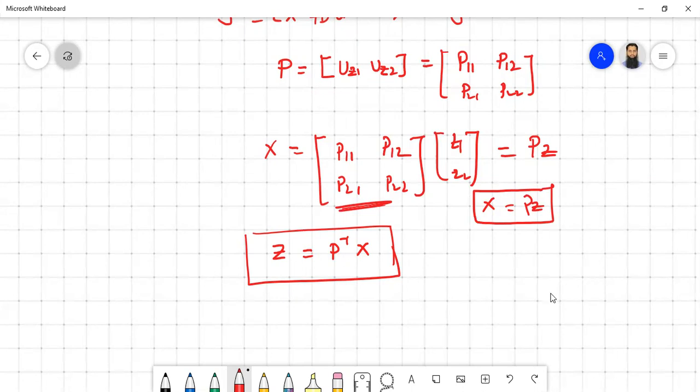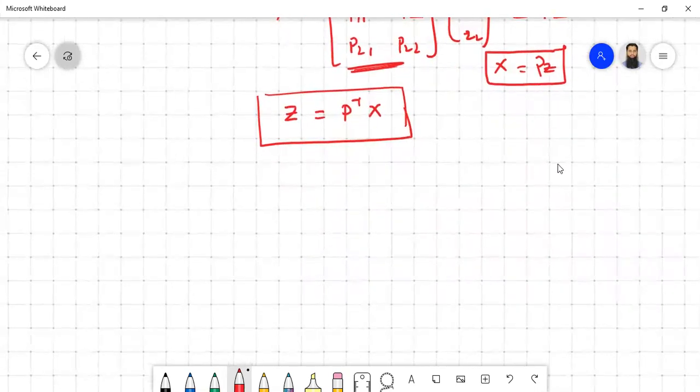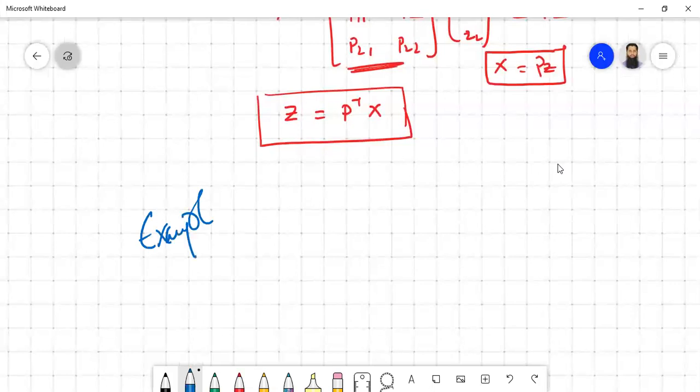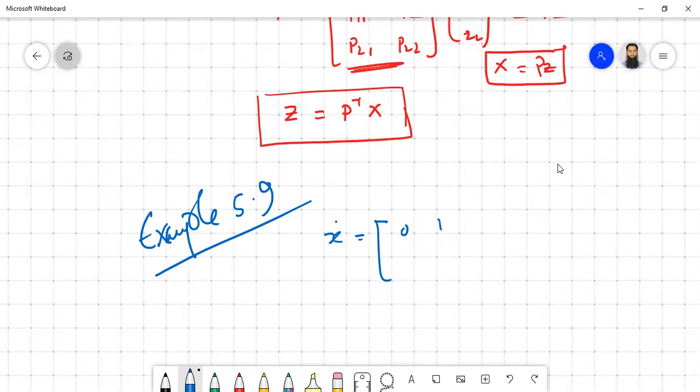With these ideas, let us try to solve another problem and apply these ideas. Example 5.9. One system is given: x dot equals 0, 1, 0, 0, 0, 1, 0, 0, 1, u. By looking at this form, you can easily see this is nothing but the phase variable form.